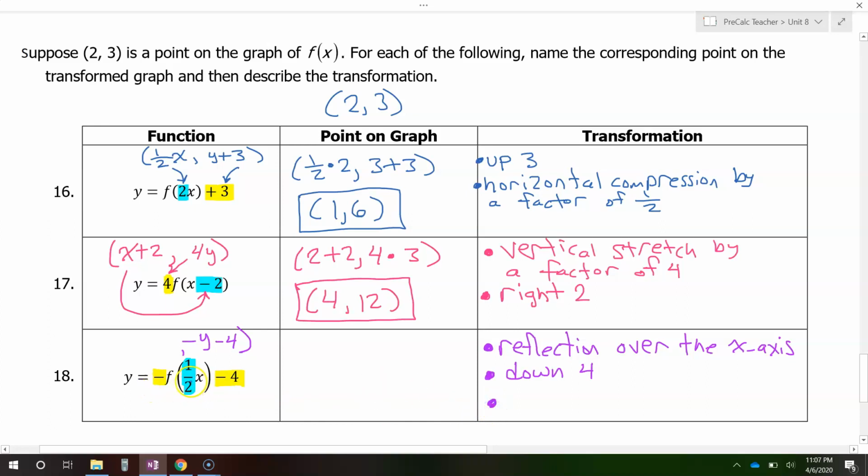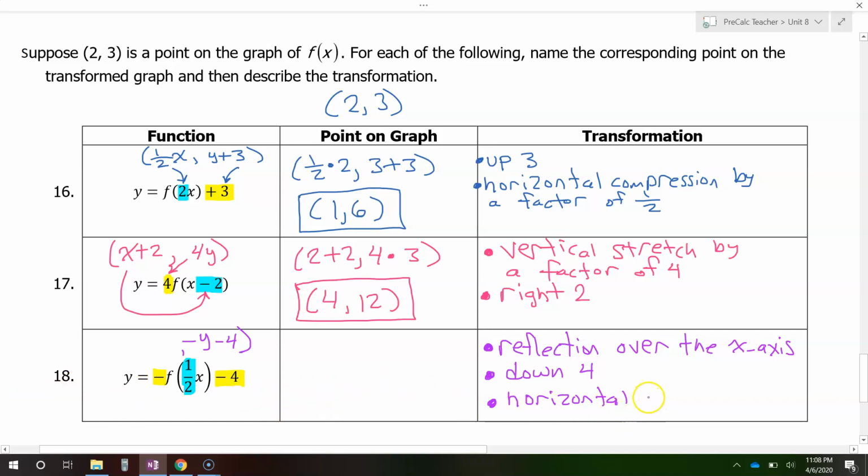Now, let's talk about this 1/2. Everything inside the function is the opposite of what it seems. You would think that a 1/2 would be a compression, but it's actually going to be a stretch. Everything inside of here is happening to the x values. That's how you know it's horizontal, because the x values go to the left and to the right.